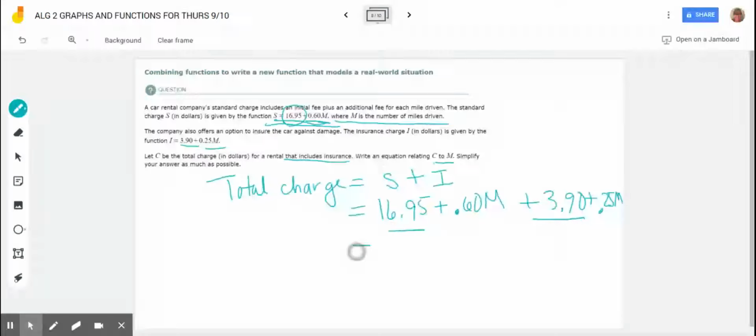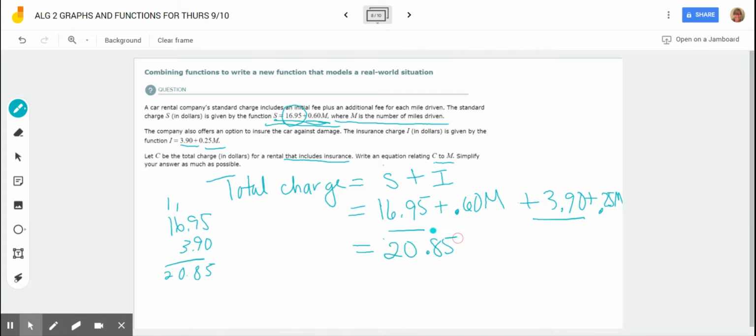That's basically all this is, combining like terms. So this becomes, sorry, I have to do it over here. 16.95 plus 3.90 is 20.85. That's what you have to pay together, these two, plus every mile. Look, actually, I won't jump.